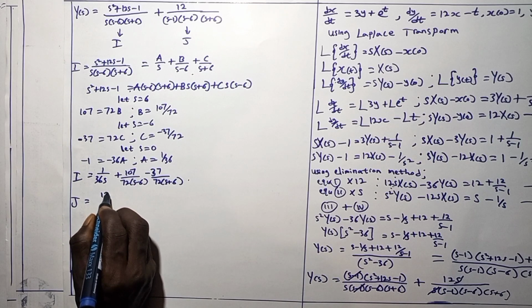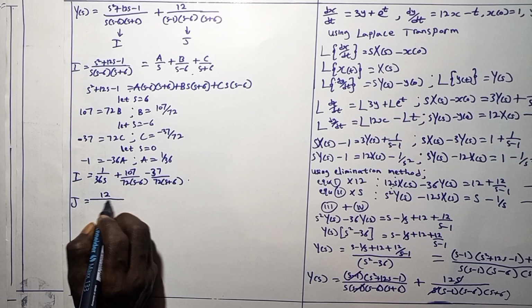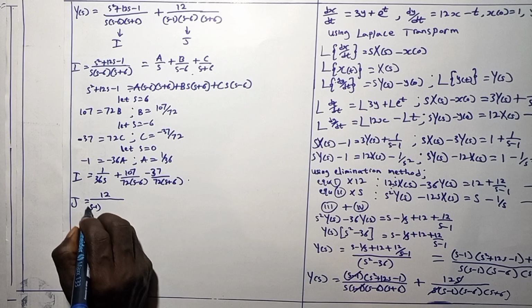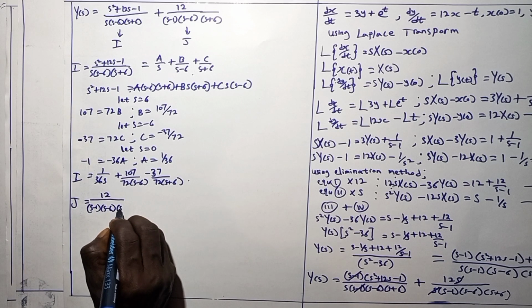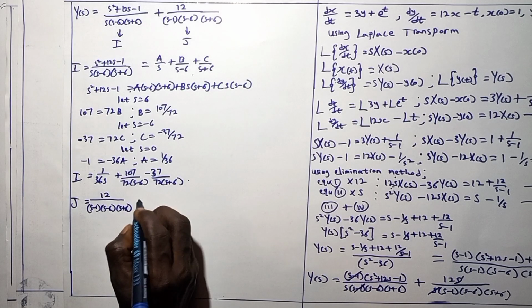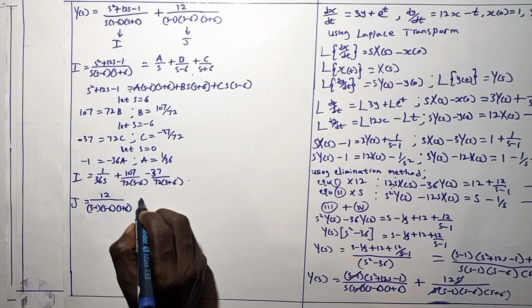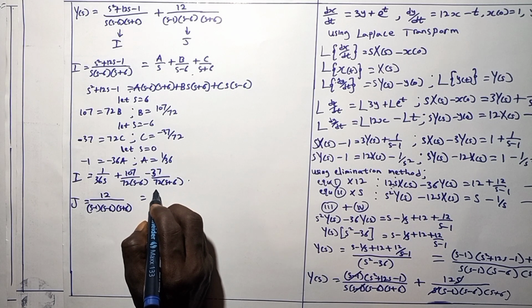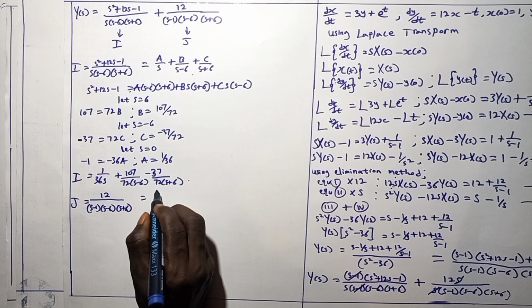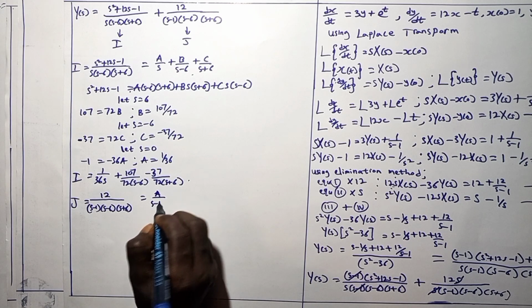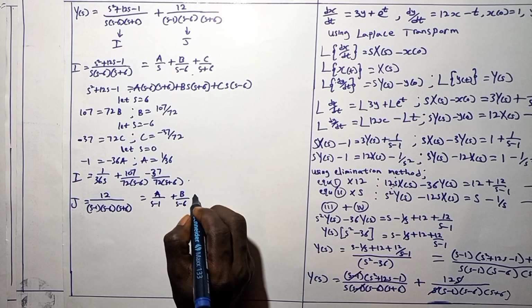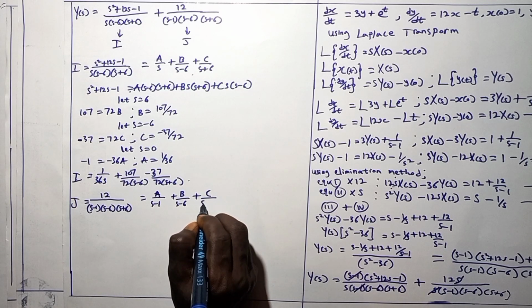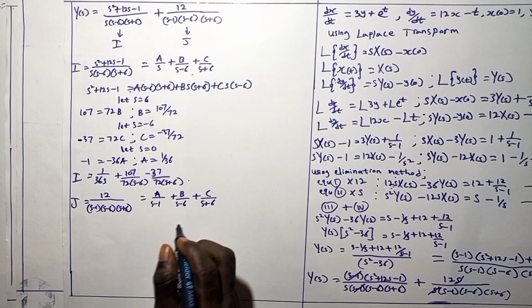Splitting it into partial fractions: 12 over (s minus 1)(s minus 6)(s plus 6). So this will give us, split into partial fractions like this, A over s minus 1, and so on.